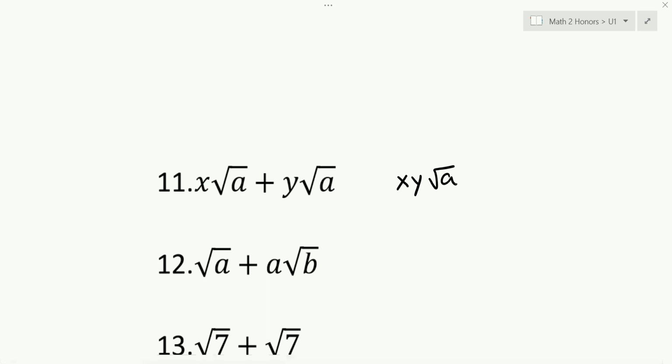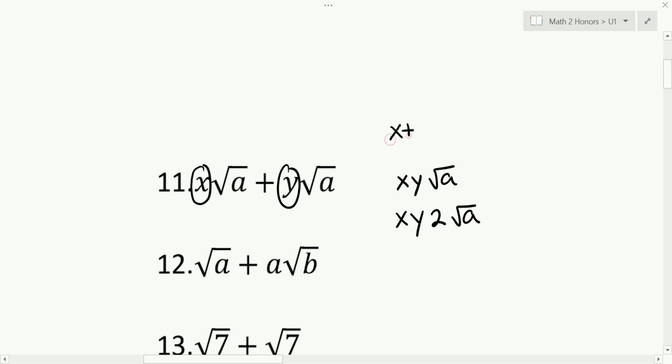Anybody else want to try? 2 square root of A, like that? No. So what you're going to want to do is only add these, and the square root of A is going to stay the same. So x plus y, square root of A.